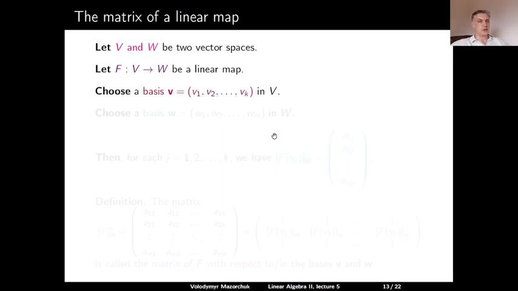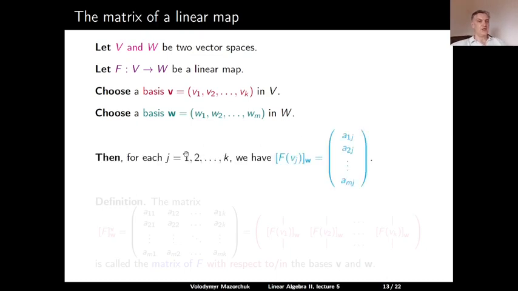Choose a basis bold V consisting of V1, V2, and so on Vk in V, and also choose a basis bold W consisting of W1, W2, and so on Wm in W. So in particular, the dimension of V is k, and the dimension of W is m.